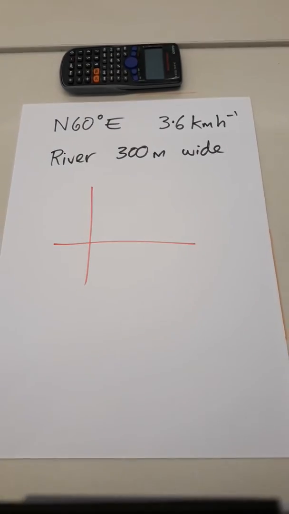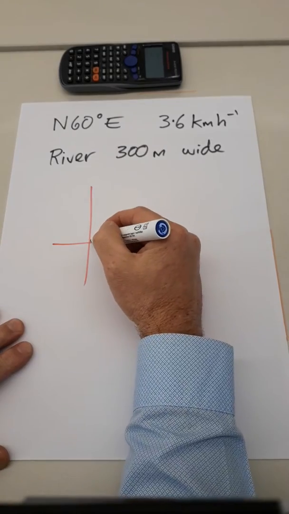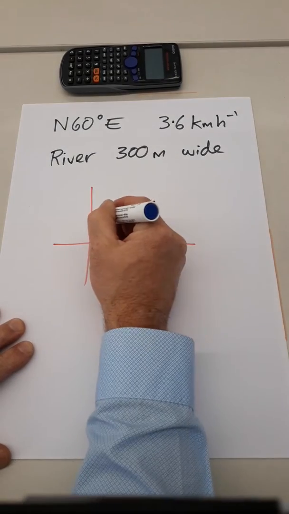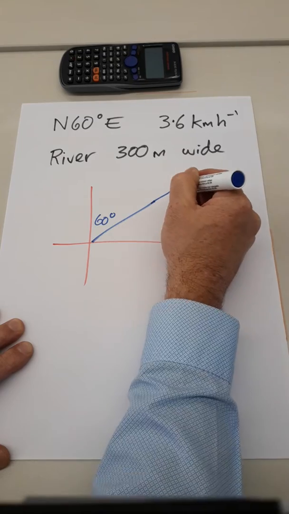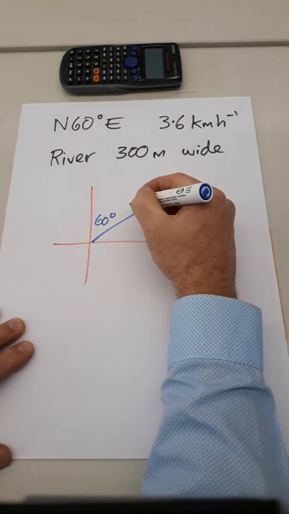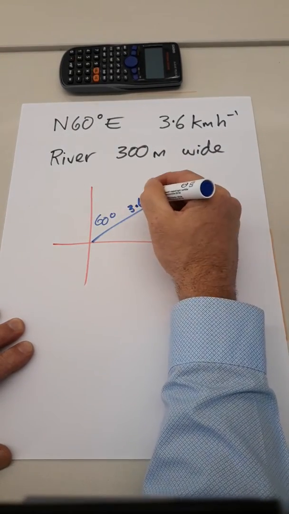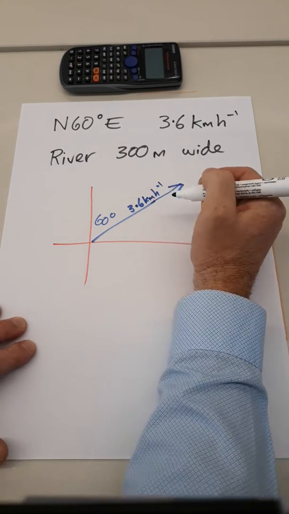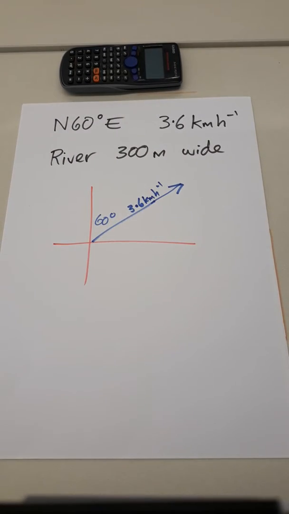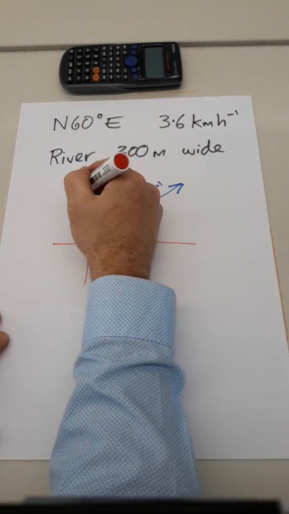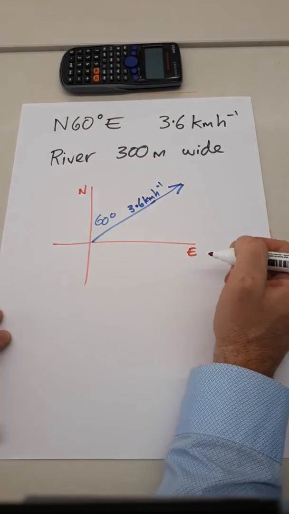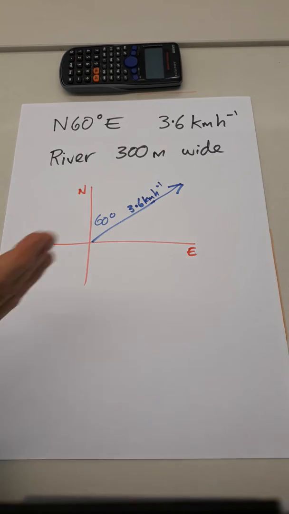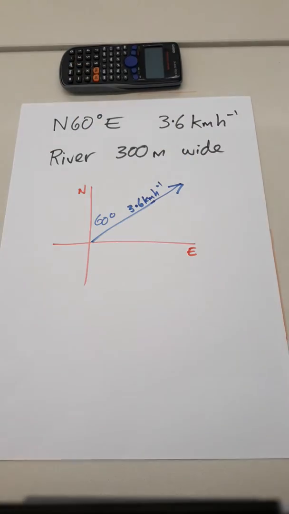This guy, he heads off in a direction of north 60 degrees east, and he heads off at 3.6 kilometres per hour. That's the direction he always swims. And we want to know how long it takes to cross a river that's 300 metres wide.